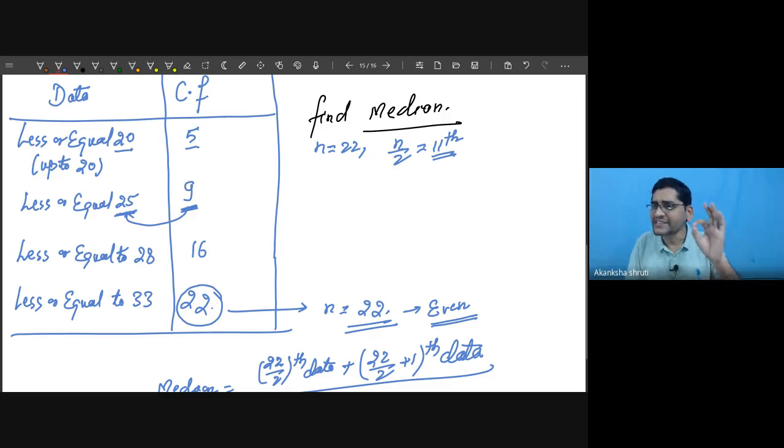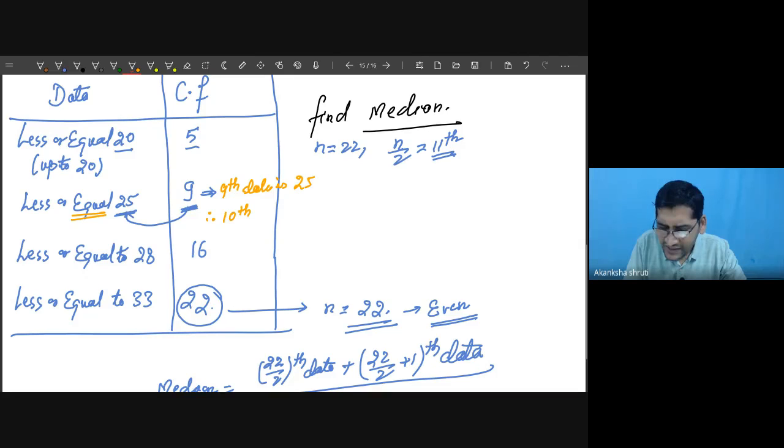So what will be the 10th data? Understand here carefully. This indicates the 9th data because it is up to, less or equal to, 25. What is the 10th data?